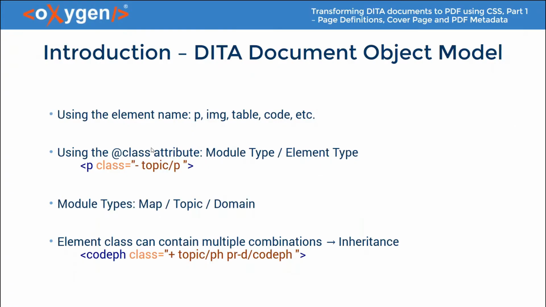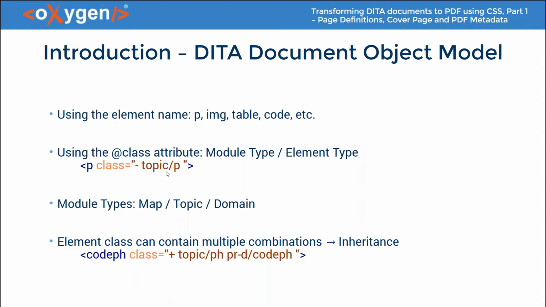DITA decomposes these elements into classes only to keep the specific way of working for each element. For example, indicating that it's a paragraph, to make sure that in the final output, that part of the document will be interpreted as a paragraph.